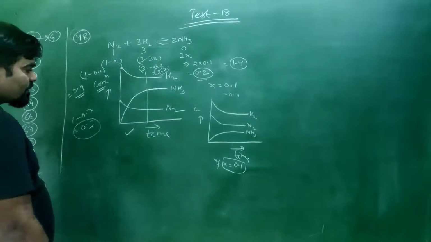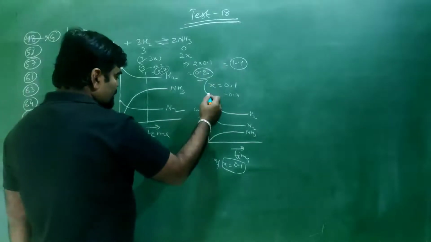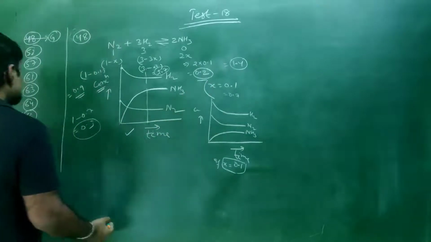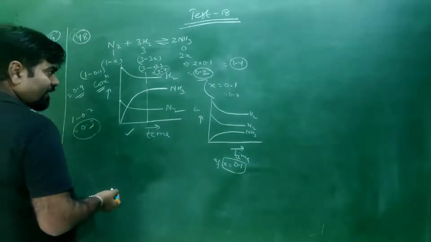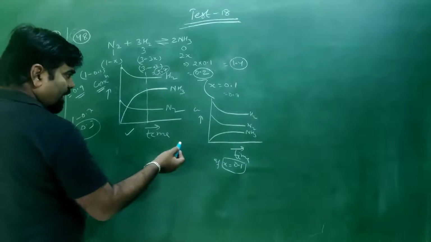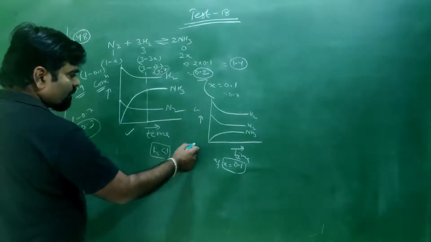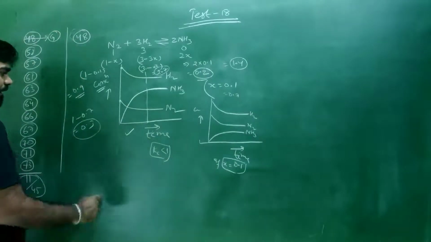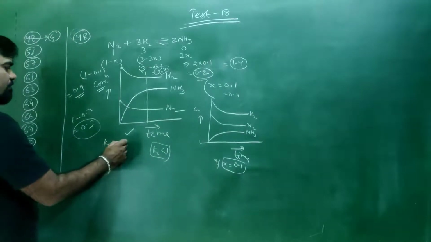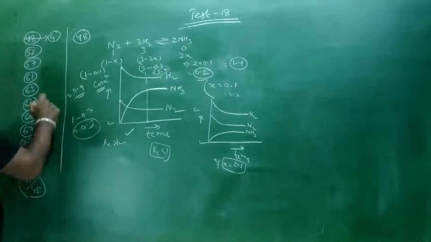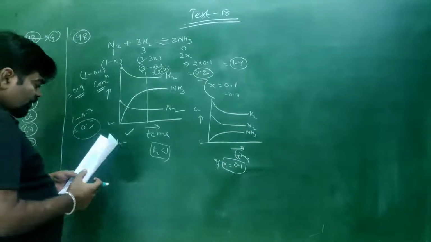Since nothing is given about whether x is this much or that much, we can say none of the graphs is correct. However, if Kc is less than 1, then this graph is correct. If Kc is greater than 1, then this graph is correct. So for 48 we will take G only.